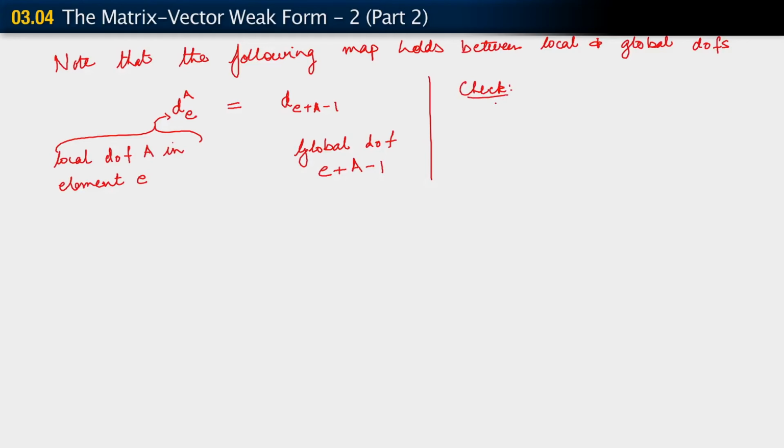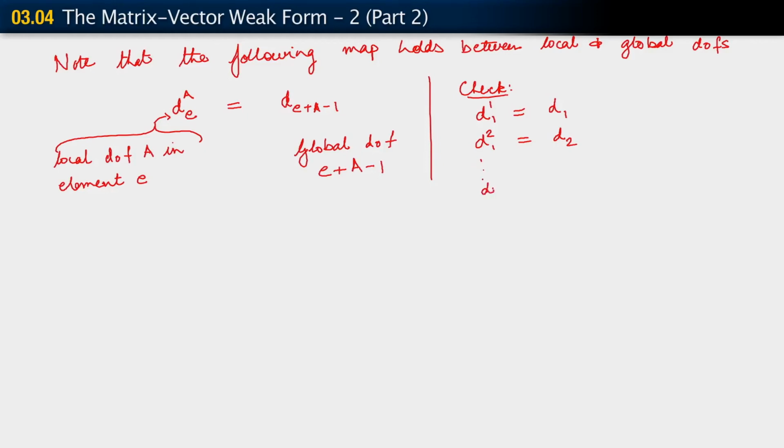Okay, so let's suppose we are in element 1 and we are talking of the first degree of freedom. Okay, that would be D^1_1. That is the same on the right hand side for the global degrees of freedom. E is equal to 1, A equals 1, so we get D_1. Okay, likewise, D^1_2 is equal to E equals 1, A equals 2, minus 1, D_2. Okay, and this goes on. Let's check what happens in the very last element, right?